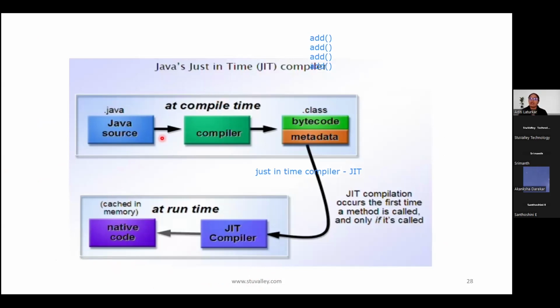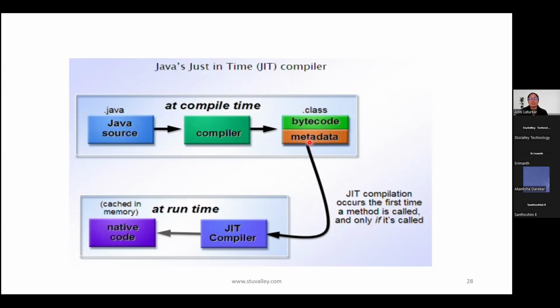So JIT compiler and interpreter, how it works, that we will see. The .java file is a Java source file. The compiler compiles that file, and a .class file gets created, which is known as the bytecode. It is also known as metadata. With the just-in-time compiler, compilation occurs the first time a method is called, only if it's called.